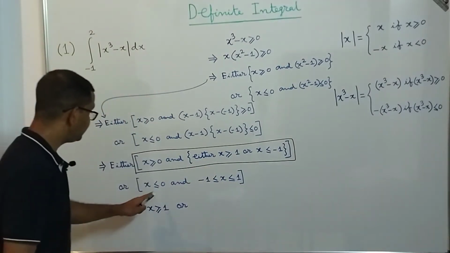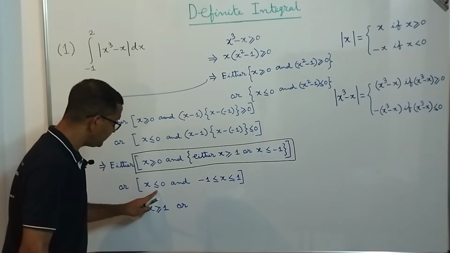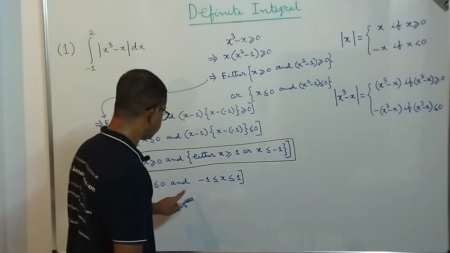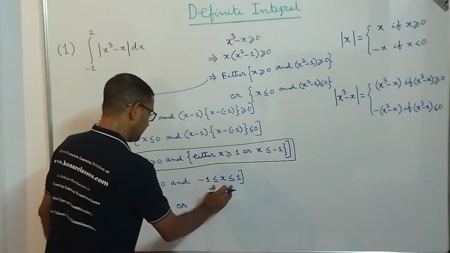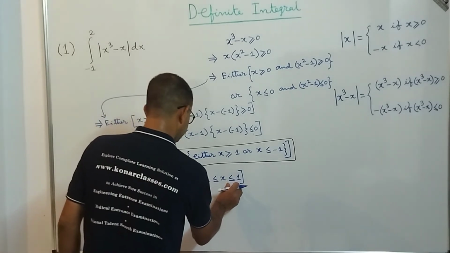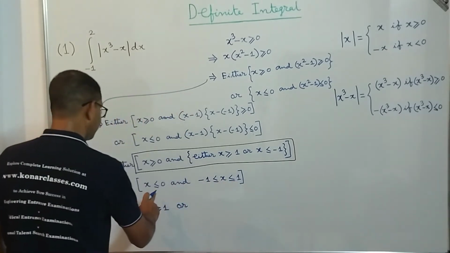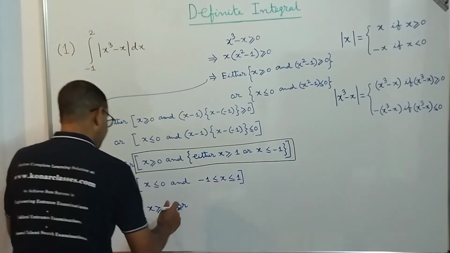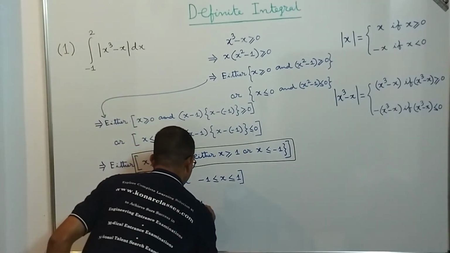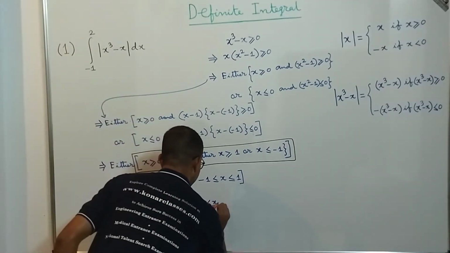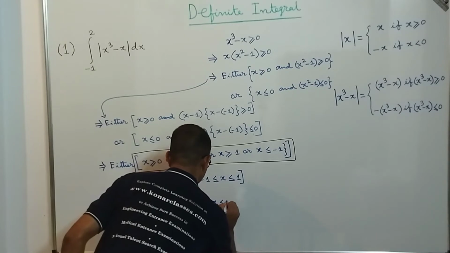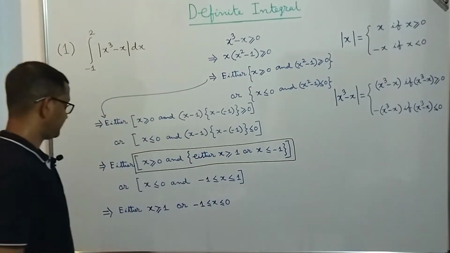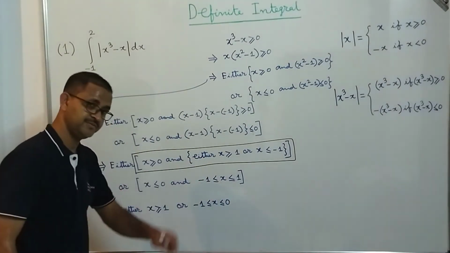That means which is less than or equal to 0 definitely has to be less than or equal to 1. So or it is between minus 1 less than or equal to x less than or equal to 0. Correct? These two we can get.